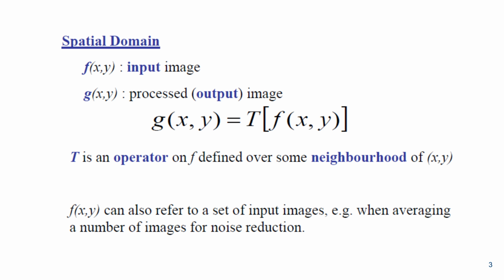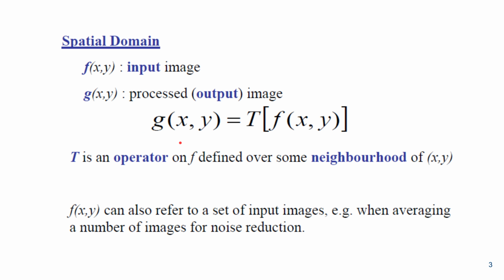So mathematically, we can think about our input image. Remember, it's a two-dimensional function in a way, where we have individual pixels defined by x and y, and we're going to transform this image by performing some operation on each pixel to produce an output image g(x,y).